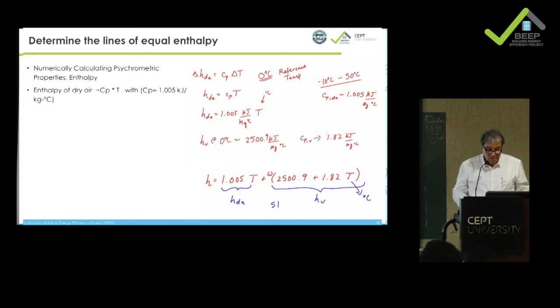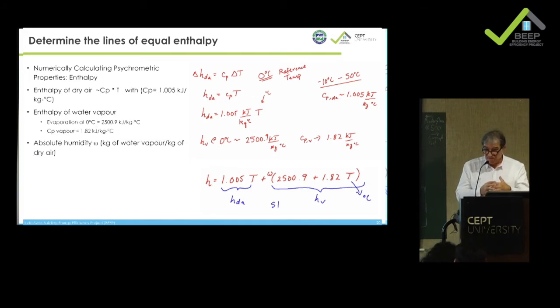And then what you have to add is the enthalpy of the water vapor. And again, everything is referred to 0 degrees because at 0 degrees, you can calculate the latent heat. If you have vapor at 0 degrees, the latent heat that you have per kg of water to evaporate is more or less exactly 2,500 kilojoule per kg, not per degree.